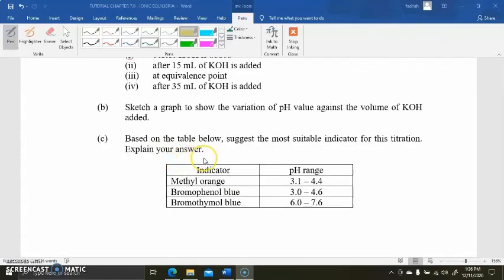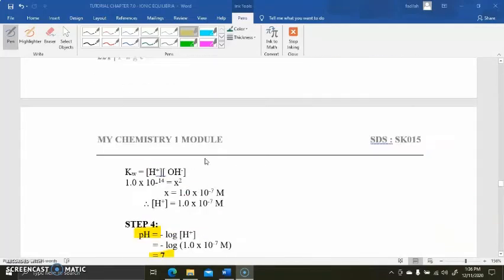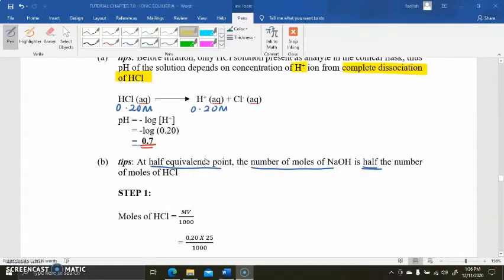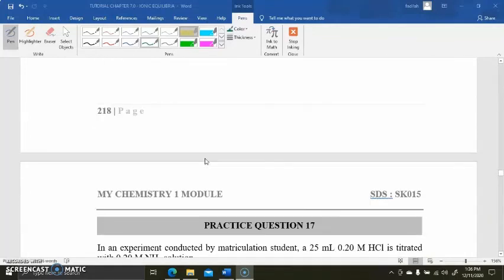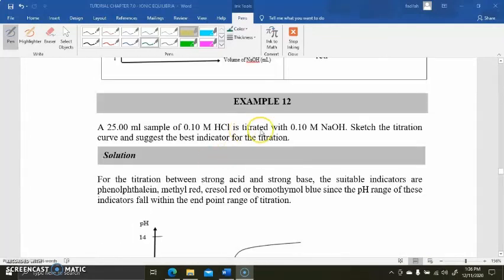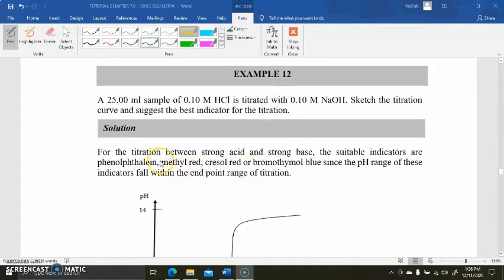Okay, so untuk explain your answer ni boleh tengok pada example 12, okay, di mana bila soalan ask you untuk suggest the best indicator, okay, so untuk strong acid, strong base titration kita ada 4, okay, so sama ada kalau soalan minta a suitable indicator means ada 1 kan, so kalau soalan minta suggest the best indicator, maybe kita boleh listkan all, and then untuk explanation, okay, ini ayat yang korang kena include lah.